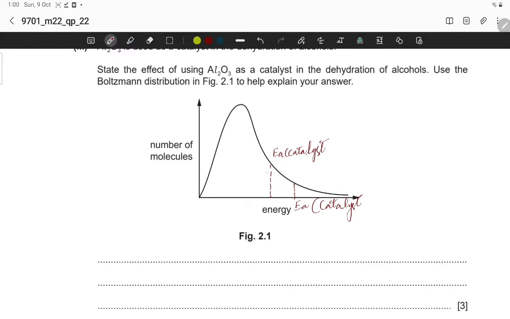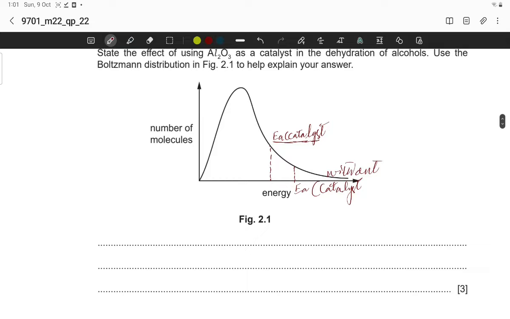This part has a greater proportion of the molecules having more energy. In this diagram, this is the activation energy with catalyst, and this is the activation energy without catalyst. This portion occupies a smaller proportion of the molecules, while this occupies a greater proportion, which indicates that the aluminum oxide lowers the activation energy.